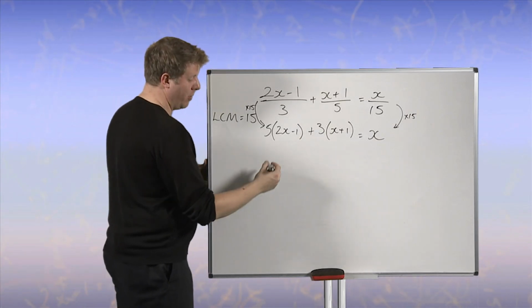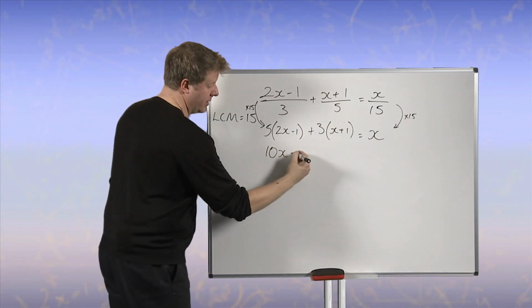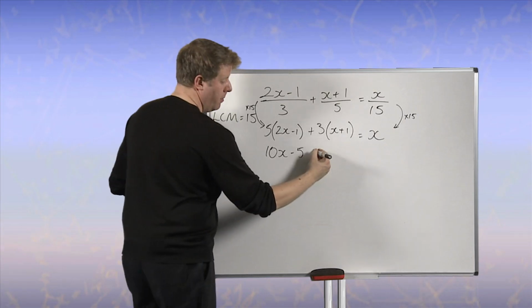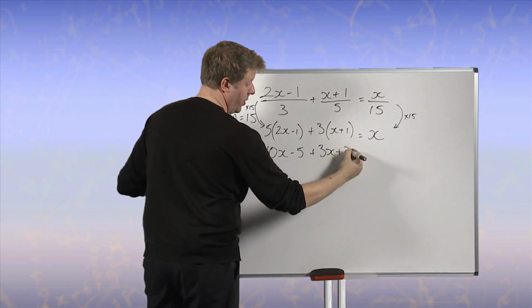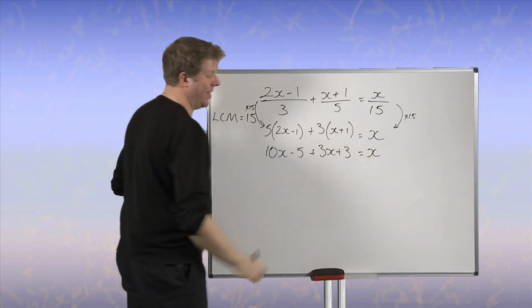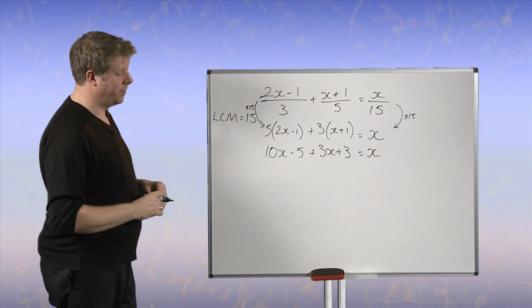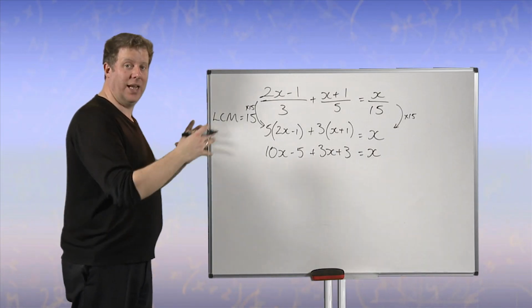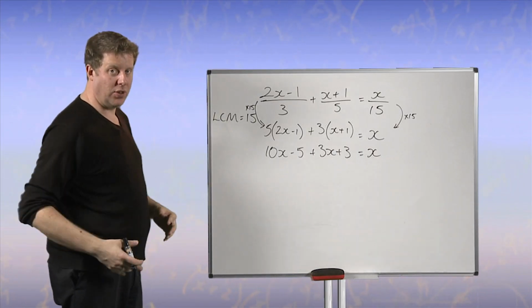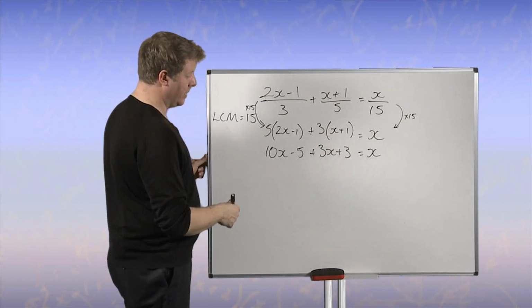So multiplying out this bracket here gives me 10x minus 5 plus 3x plus 3, and that's still equal to x. Now, as always, I want the letters on one side and the numbers on the other. So let's tidy things up a bit here.